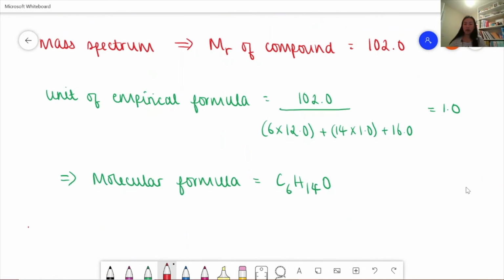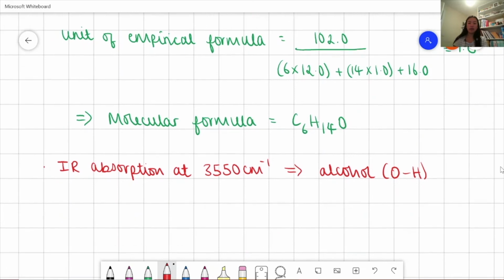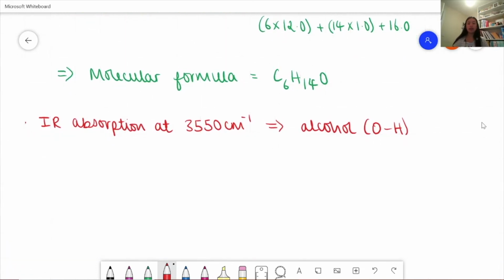So we have infrared absorption at 3,550 wave numbers. This tells us that this is actually an alcohol. So we have this OH group. And this makes sense looking at the molecular formula because we have 1 oxygen. And so the compound has to be an alcohol. And it's also unbranched because I was told that in the question. So we just need to focus on where we put this alcohol group.